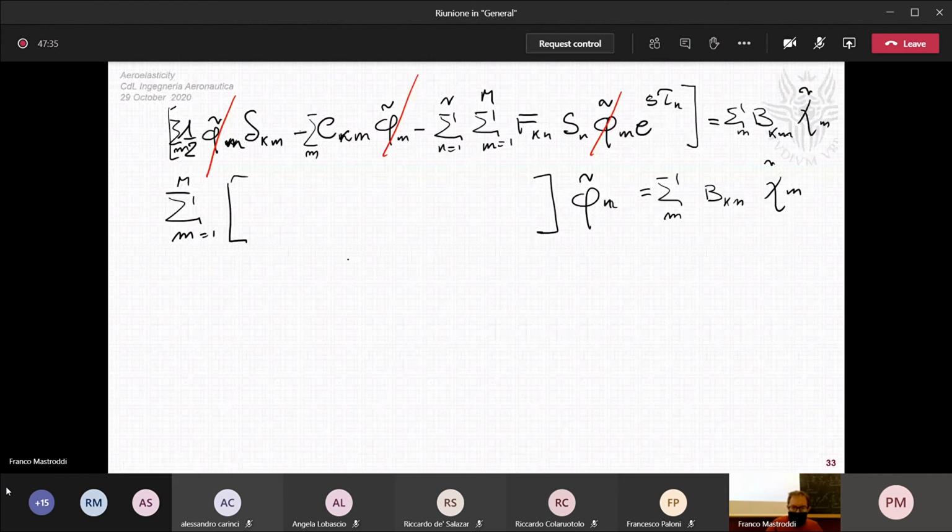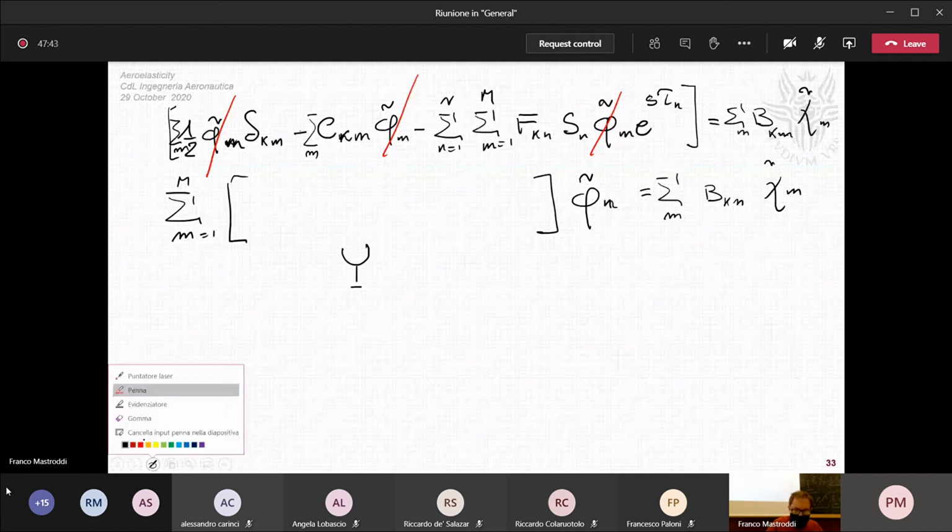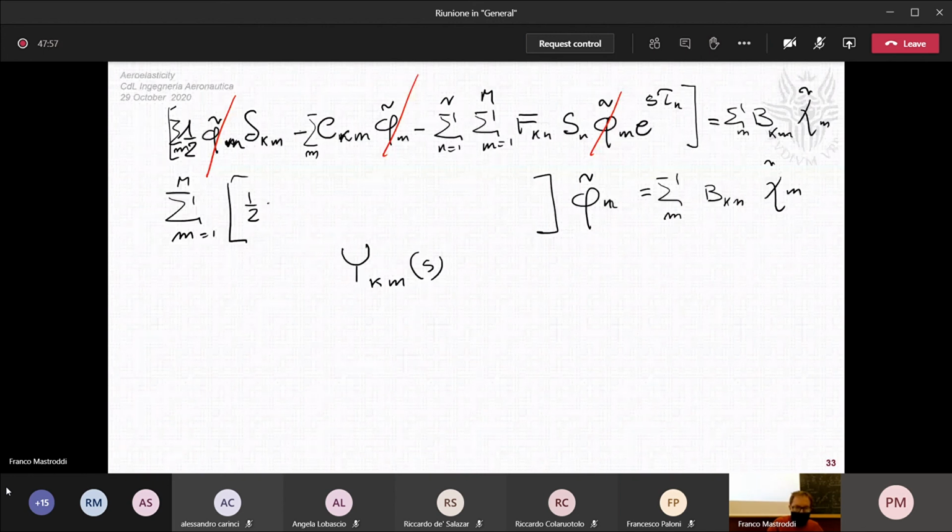Inside here, you can see a matrix, like Y matrix, with component k, m. And this matrix is a function of s, and is the following: look inside, 1/2 delta_km minus c_km minus the summation for n from 1 to capital N, f_kn S_nm.